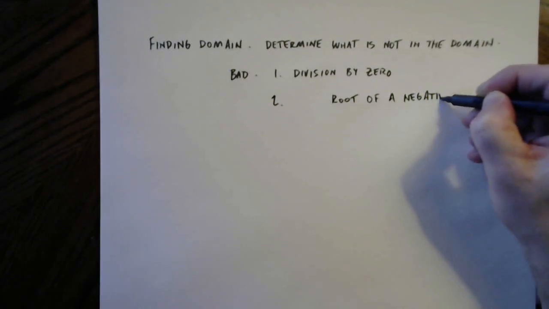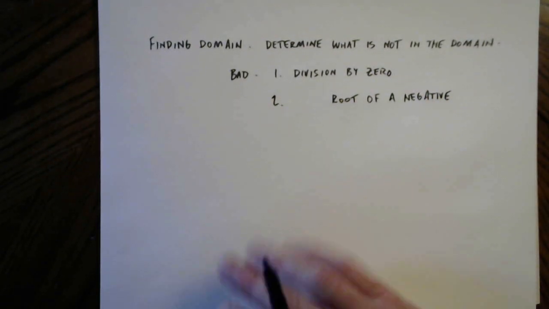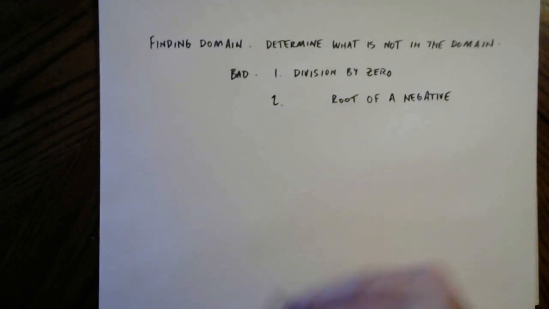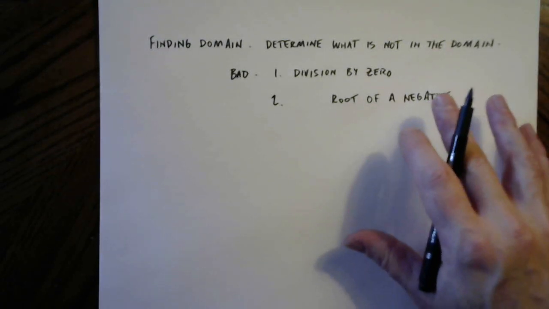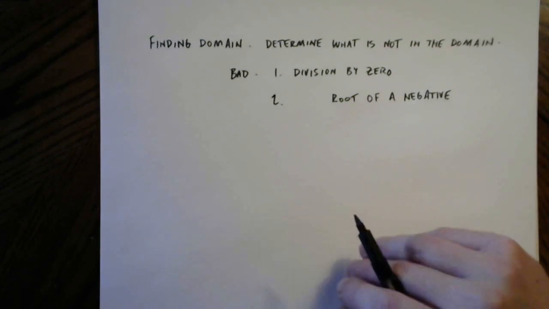I want to say square root, and that's true. You can't take the square root of a negative in the real number system. If you've heard of i or things like that, if you know what that is, that's fine, but that's not the real number system. So we don't deal with i. i doesn't exist to us.